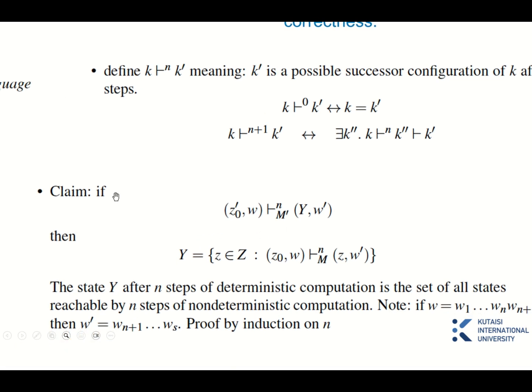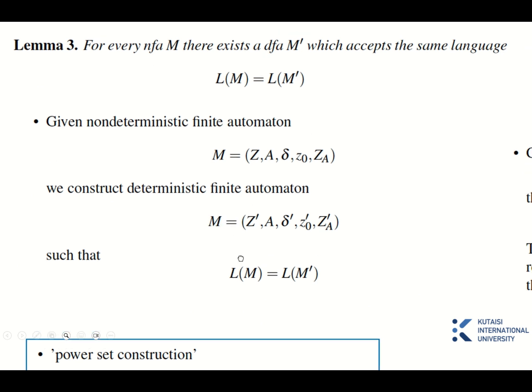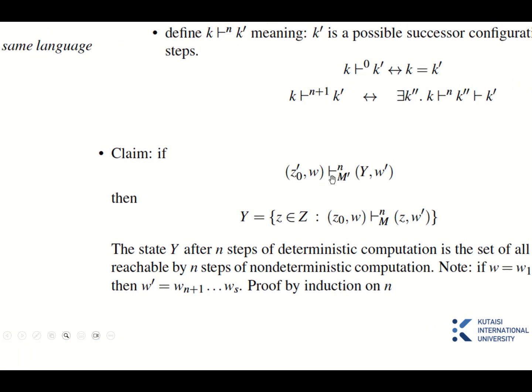My claim is, recall that this is M prime, by the way. M prime is a DFA. M is an NFA. What I'm claiming is that I construct my DFA with this power set construction, as I described how to construct it.